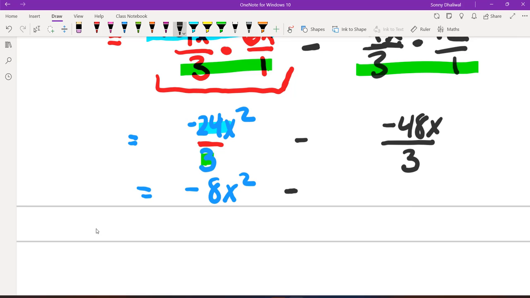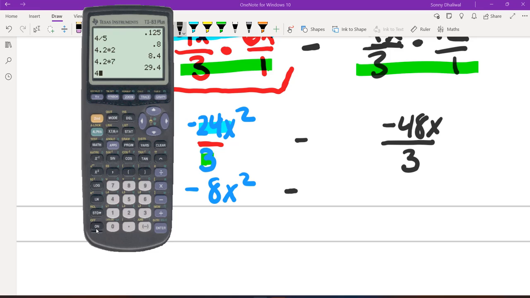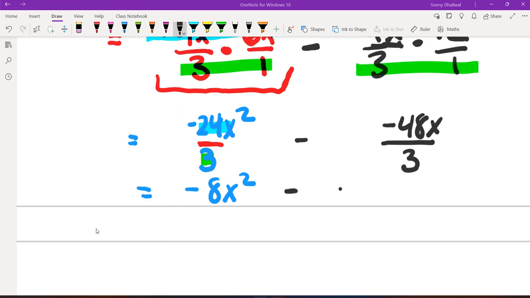And we have this minus sign here. And 3 can go into 48 how many times? Use your calculator if you don't know that. 48 divided by 3 is 16. Right? So negative 16x. And that's our answer here.